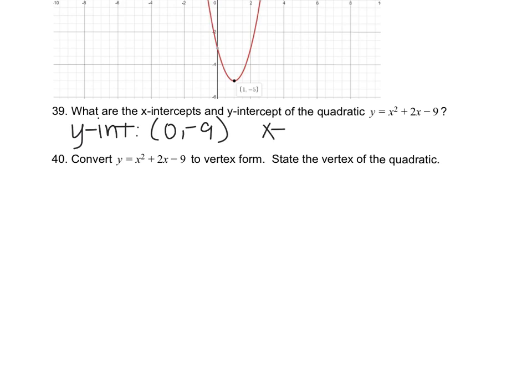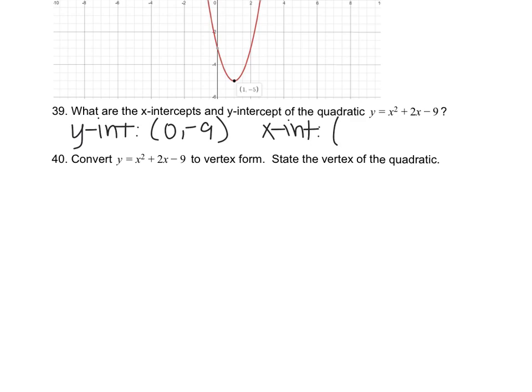For our x-intercepts, there are two of them, and in this case, they are not nice values. What that means is they're decimals, which is fine. So we're going to write the x-intercepts as decimals, using all of their decimal places.